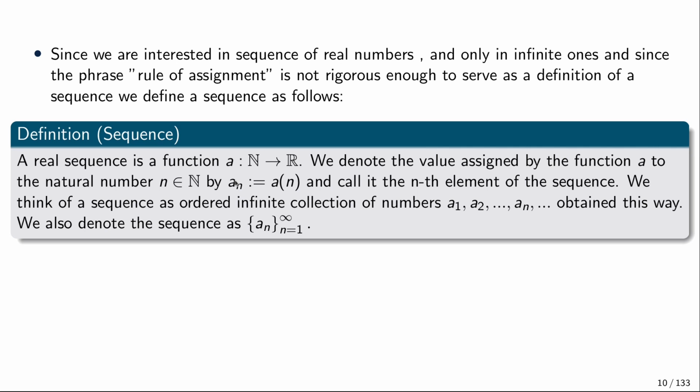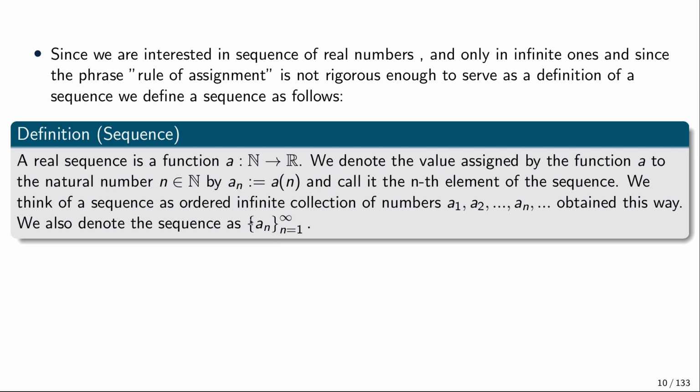We think of a sequence as an ordered infinite collection of numbers, real numbers in this case, a_1 up to a_n, and it goes on indefinitely. This ordered infinite collection, obtained by listing all the values of the given function, is a sequence, and this is how we denote it.